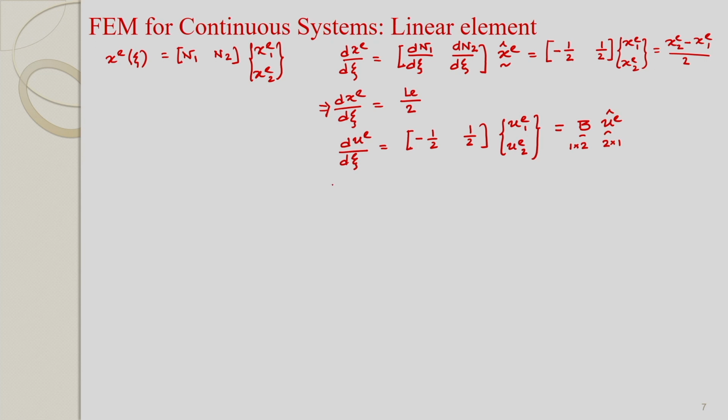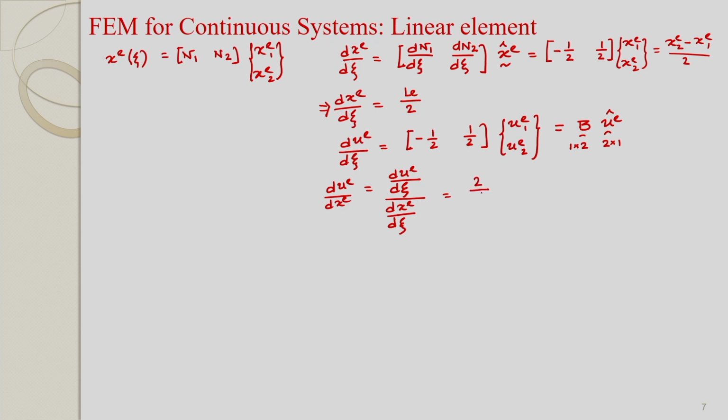Now, we can write d ue dx as d ue d xi times d xi dxe. For this element, dxe d xi is Le by 2.